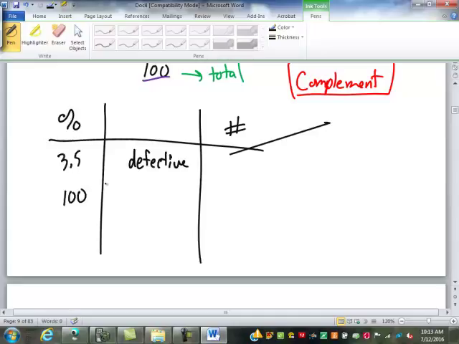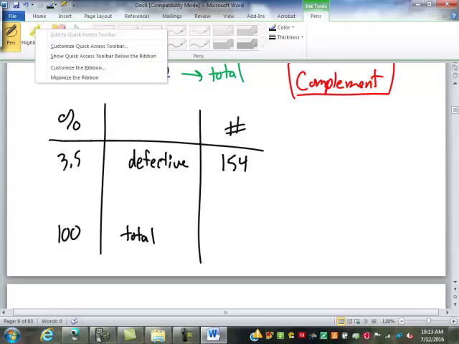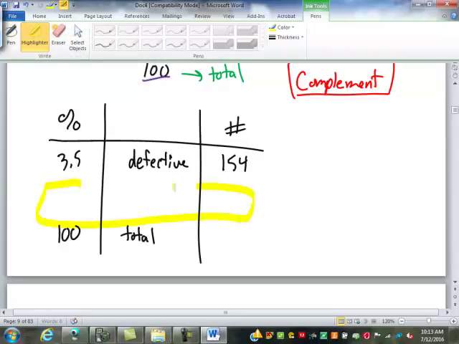And I have the 100%, which is the total amount. And I had the 154 over here, that is the number that represented the defectives. This table helps me organize things. Now you notice I left a space here in the middle of my table, because in that space is the rest of the percent, which would be that 96.5. That represents the good parts or acceptable parts.